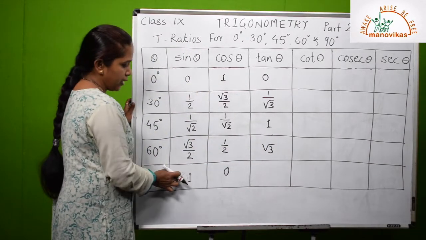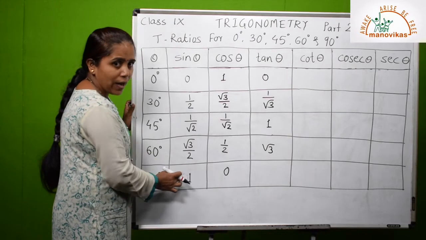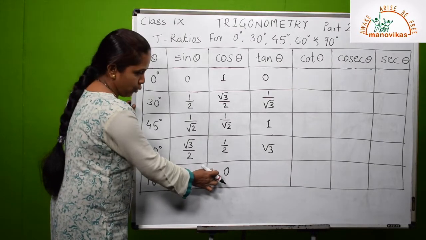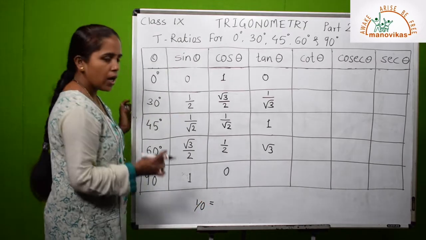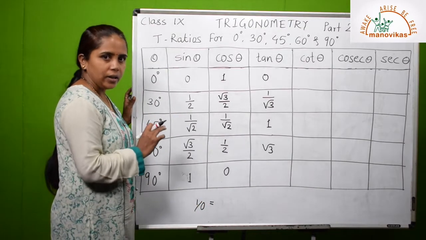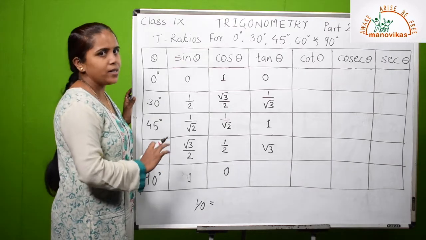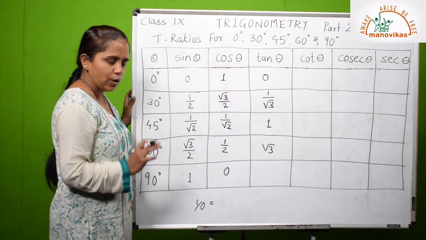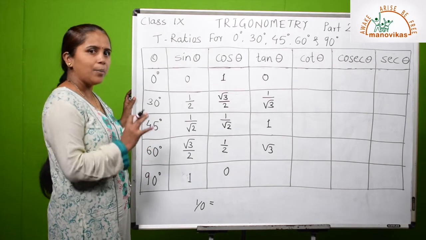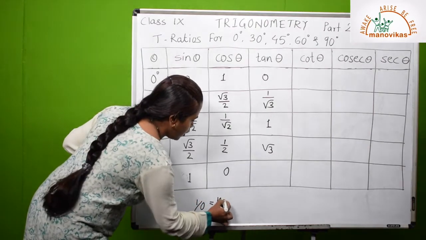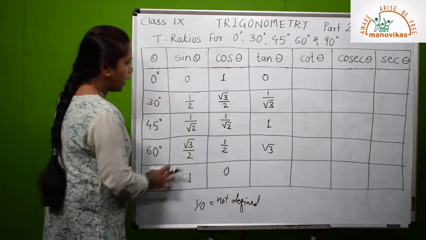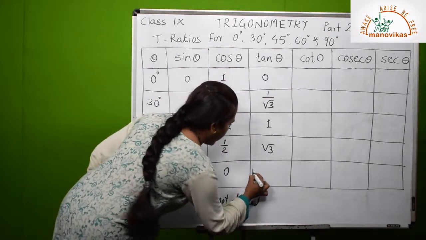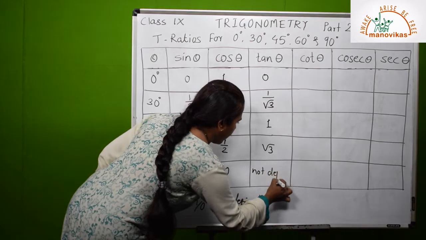Tan 90, that is the ratio of these two values, 1 upon 0. 1 divided by 0. Any number divided by 0 is not defined. We cannot divide any number by 0. So here the tan 90 value is not defined.